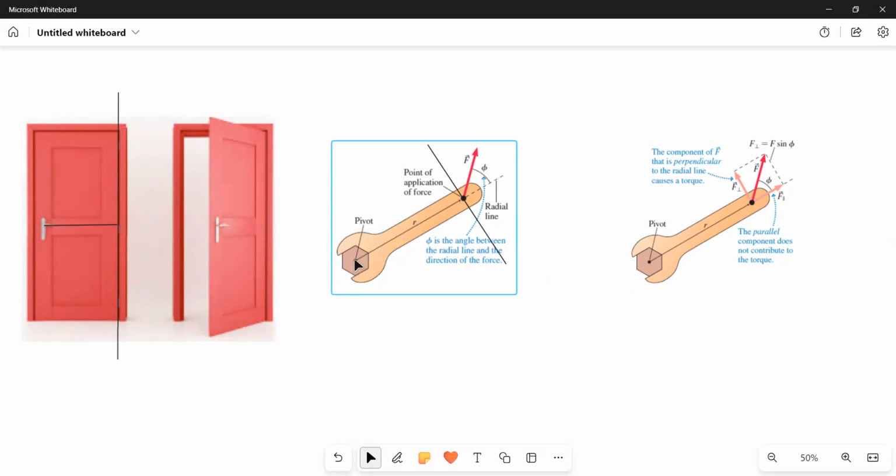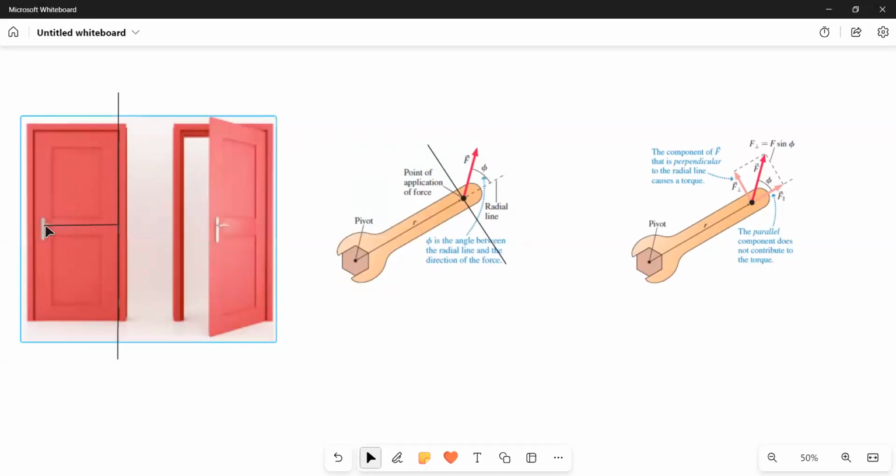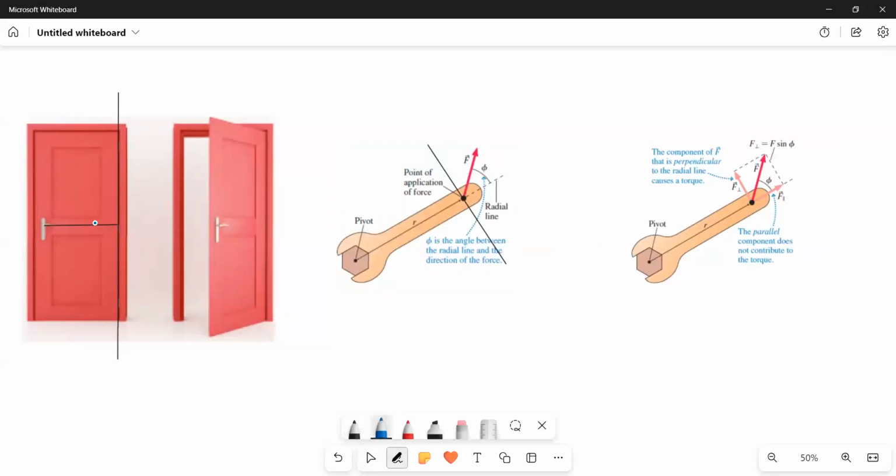The line joining the pivot and the point of application of force is called the radial line. And we will not apply the force just like this. For the door, the angle between the point of application of force and the hinges is 90 degrees. This angle is 90.